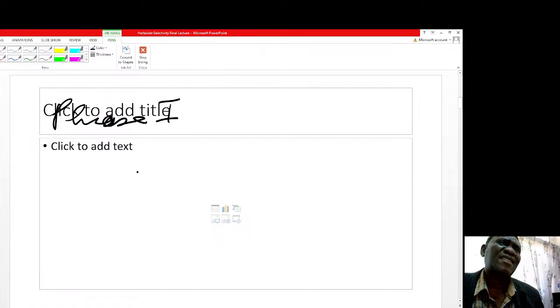Now the structure of atrazine is like this. You have a carbon here, then you have got a chlorine.